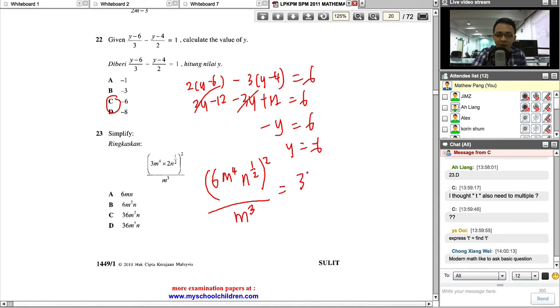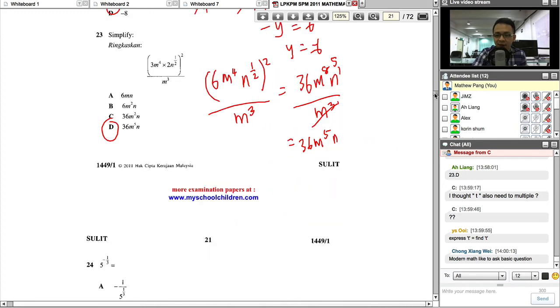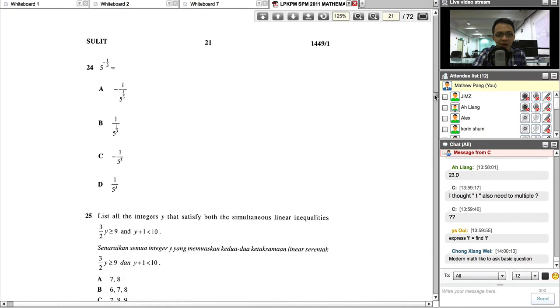It is n power of 8. Then n power of half multiplied by 2 is just 1 over m cubed. So simplified, I left 5. So it's 36 m^5 n. Alright. Yes, that's why I say modern math is very easy to score.